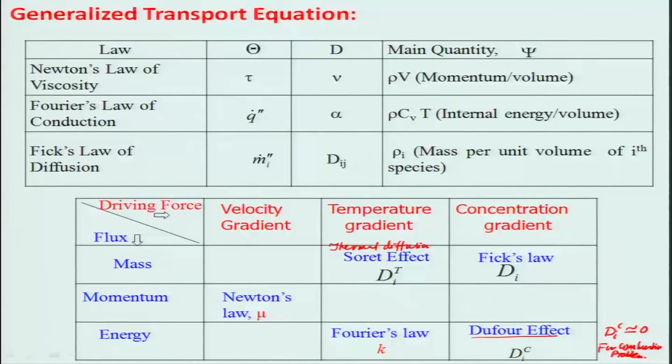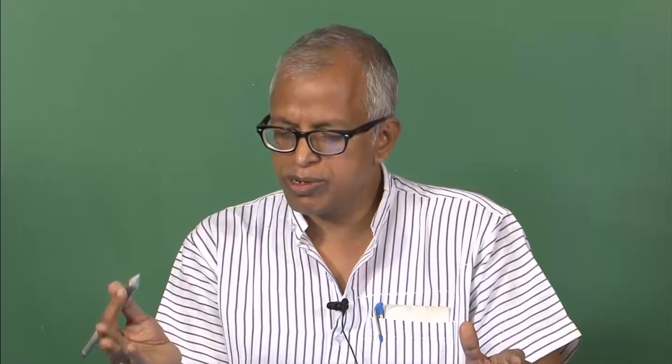However, this D_IT, the Soret effect, has to be considered, particularly in hydrogen-oxygen systems, where hydrogen, the H radical and some other lighter molecules travel due to the temperature gradient.